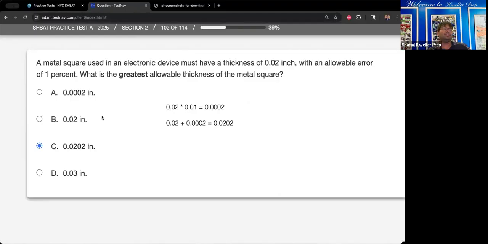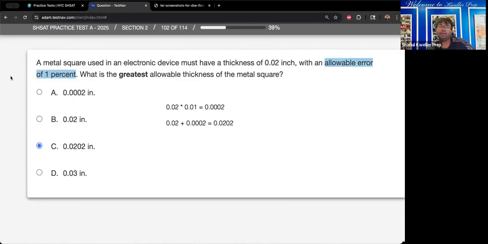So again, the idea for this one, you find 1% of 0.02, which is 0.0002. You can do the multiplication for this, but this is what you get. And then what is the greatest allowable thickness? Whenever they say an allowable error of 1%, this means that the number could be higher or lower by 1% of the value. So here we want to find the greatest allowable thickness. So it's going to be 0.02 plus 0.0002. Why do you add?